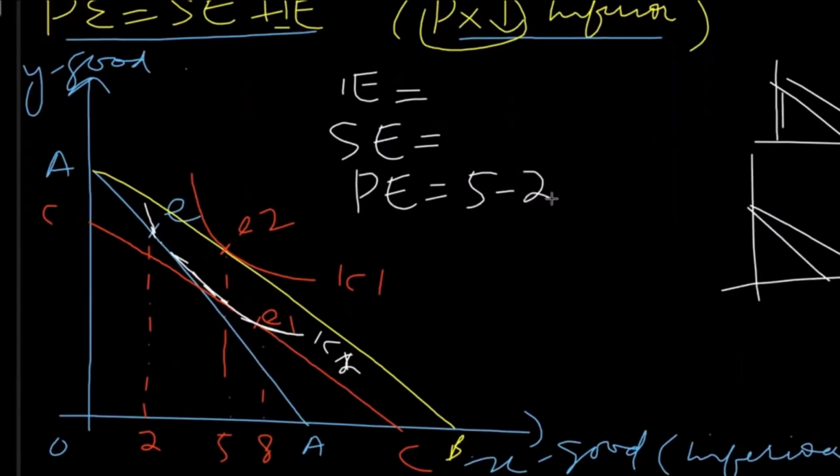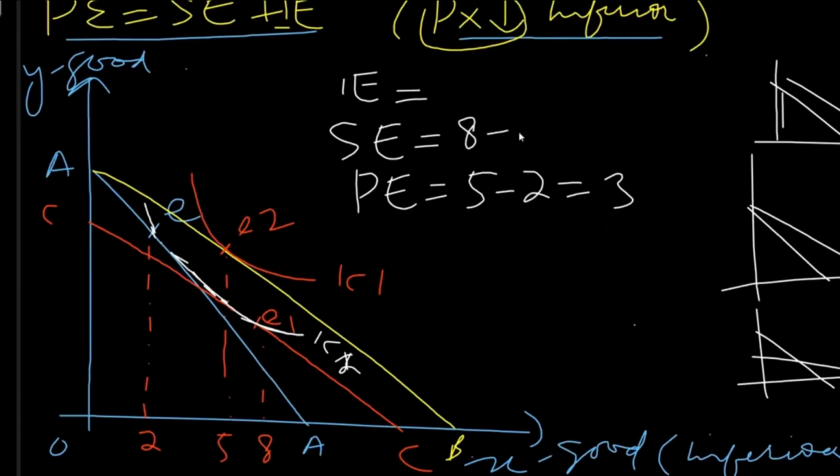5 minus 2 is equal to 3 is basically the price effect. And for substitution effect, two lines cross each other, and two lines which are crossing each other are AA and CC, and at CC equilibrium quantity is 8.